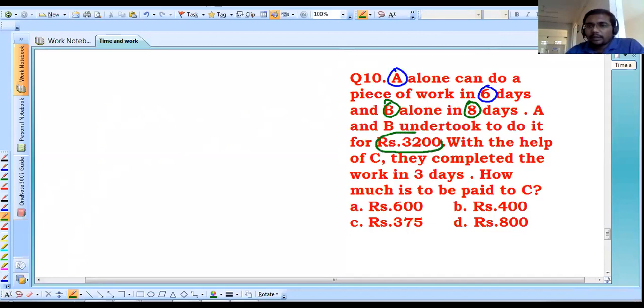That means to complete the work, they are paid 3,200 rupees. But they are not doing the work alone. That means A and B were not working alone. With the help of C, they completed the work in 3 days. How much is to be paid to C?